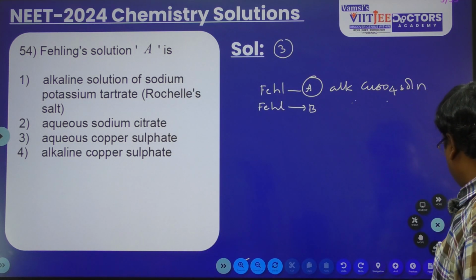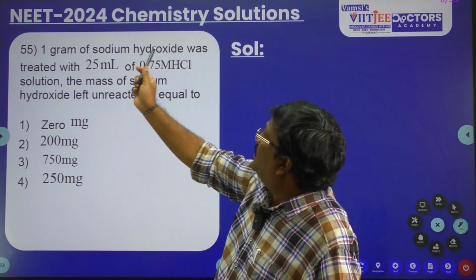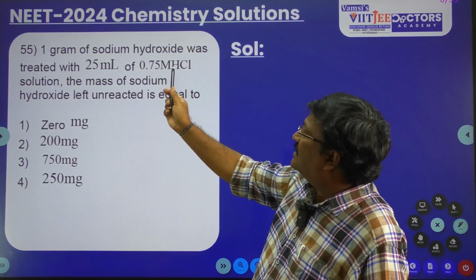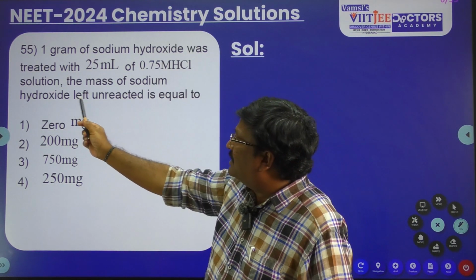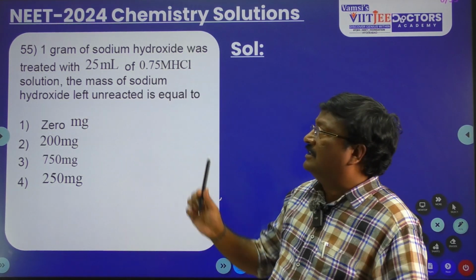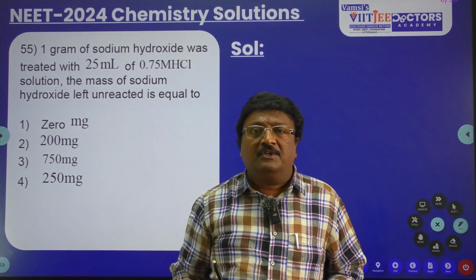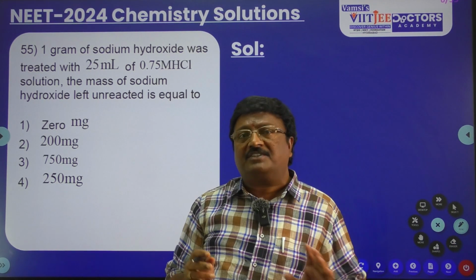And later, question 55. 1 gram of sodium hydroxide was treated with 25 ml of 0.75 M HCl solution. The mass of sodium hydroxide left unreacted is asked in milligrams. So you had better calculate the millimoles by writing the balanced equation.